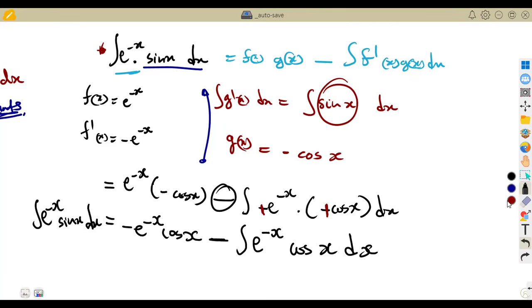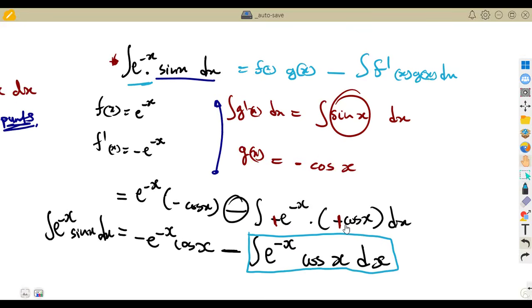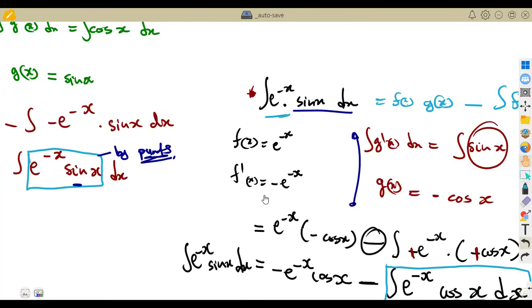Meaning to say, by parts, this is where we are, and we have this bracket. But if we take a closer look, it's no longer just a normal function, this e to the exponent of minus x cosine of x. It is the one that we had originally from our question.